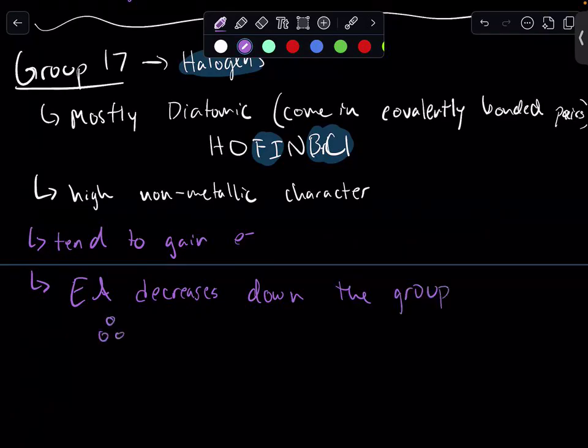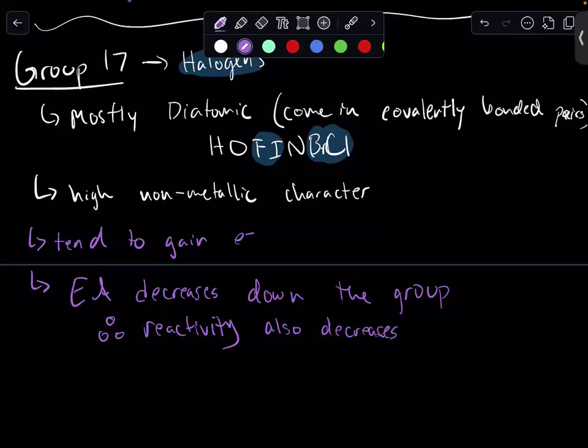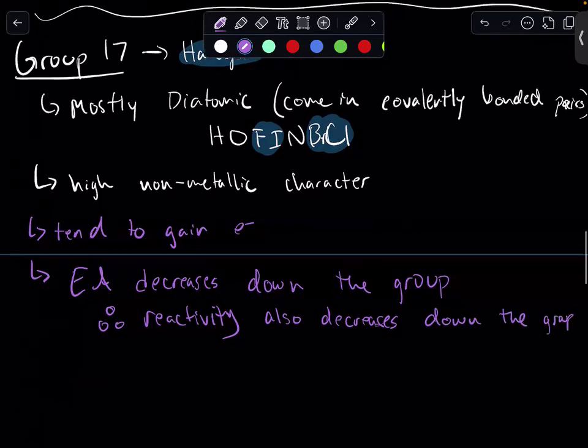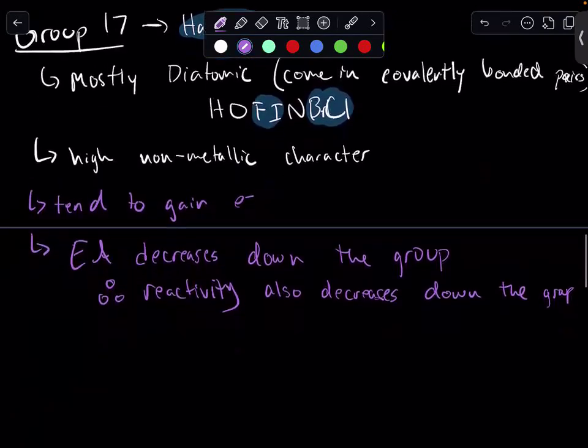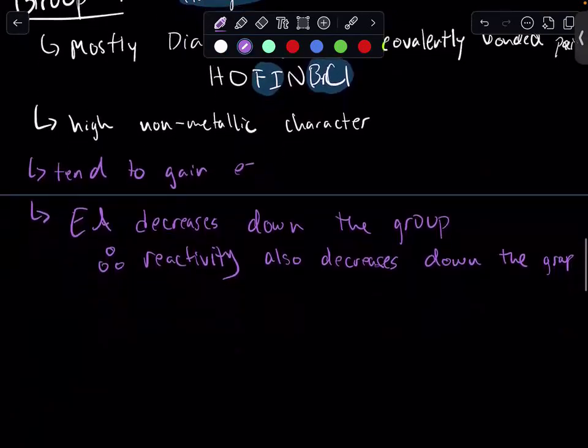Therefore, reactivity also decreases down the group, meaning fluorine is going to be our most reactive halogen. And we can look back at our group ones and realize francium is our most reactive alkali metal.